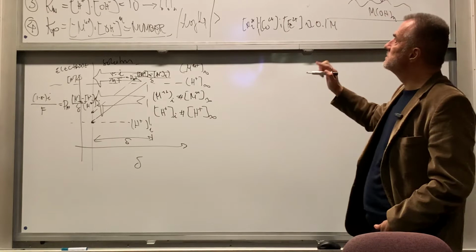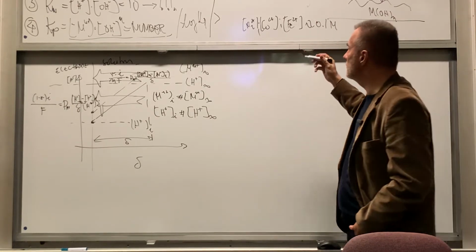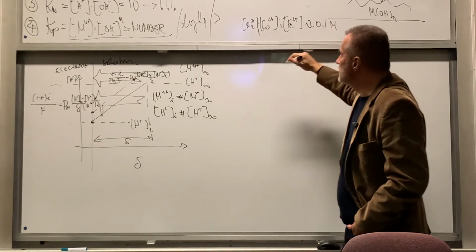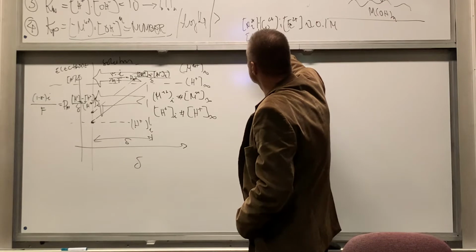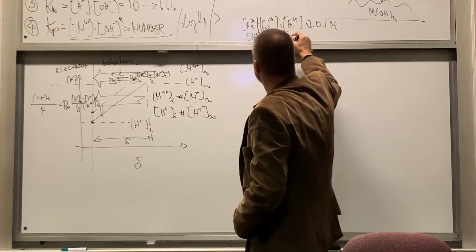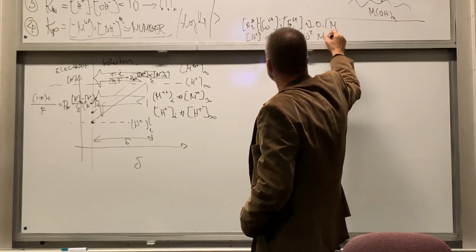Now, to have some reasonable gamma, you want to keep the gamma of order of 0.1 or so. What that really means is that the concentration of hydrogen ions in the bulk is of order of 10 to the minus 2 to 10 to the minus 3 molar, right?